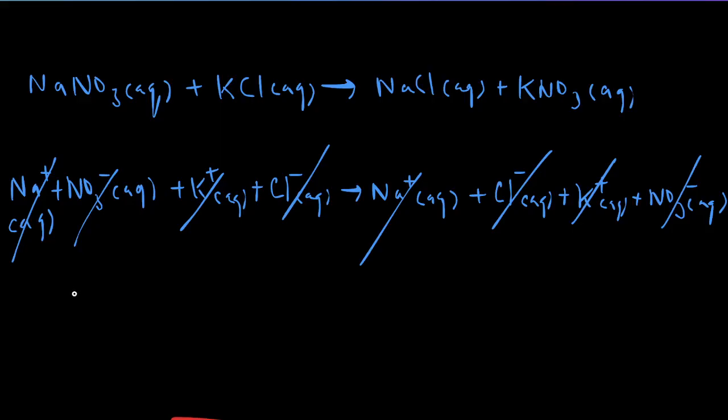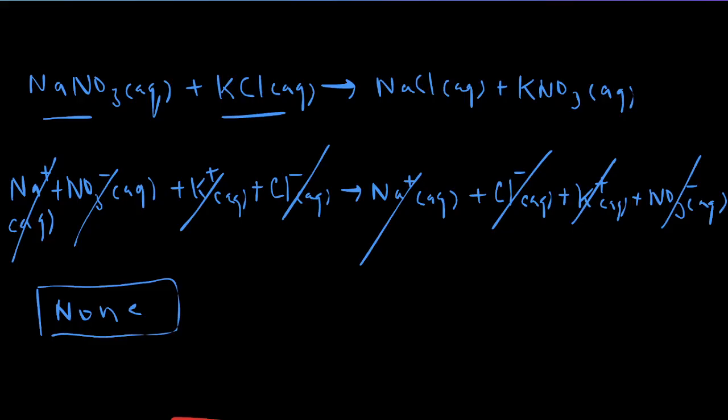It's a classic trick question, really. It's testing whether you know your solubility rules or not. So our net ionic equation really is none. There is none, and that is actually a possible answer. That means that there is no reaction that takes place between these compounds. When we react sodium nitrate and potassium chloride, there is no reaction.